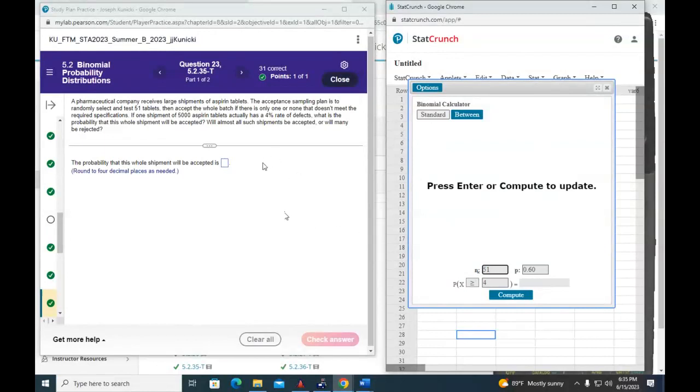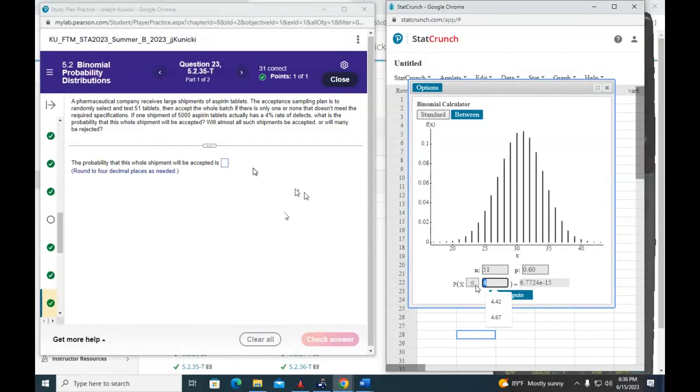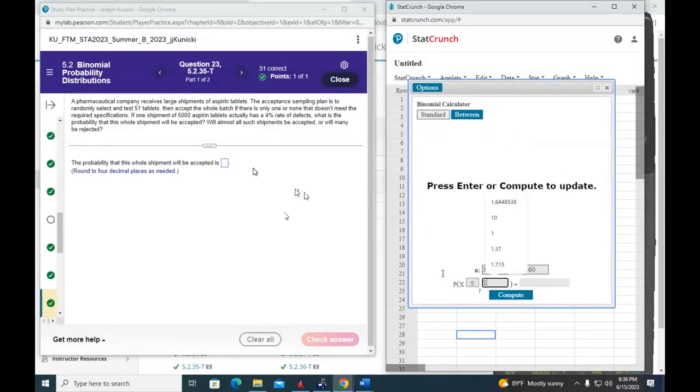They accept the whole batch if only one or none doesn't meet the required specification. So that's less than or equal to 1. All I have to do is change the P. It's 4%, so 0.04. If one or none are defective out of the 51, then we accept it.